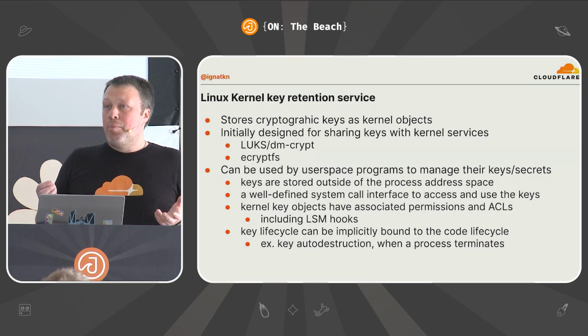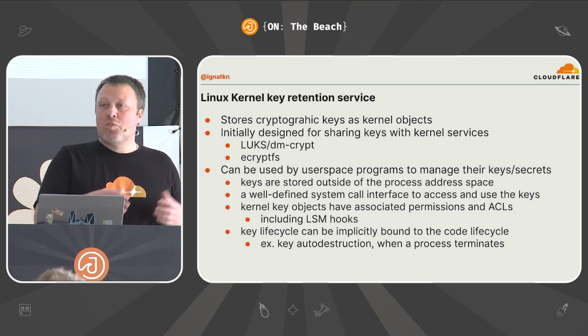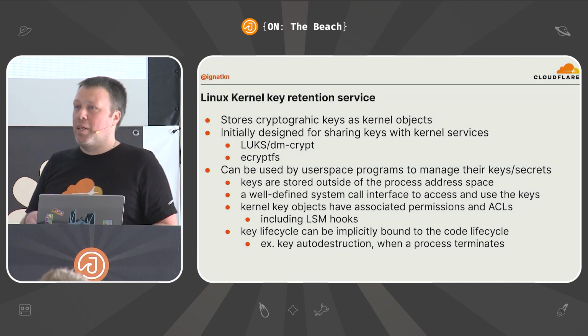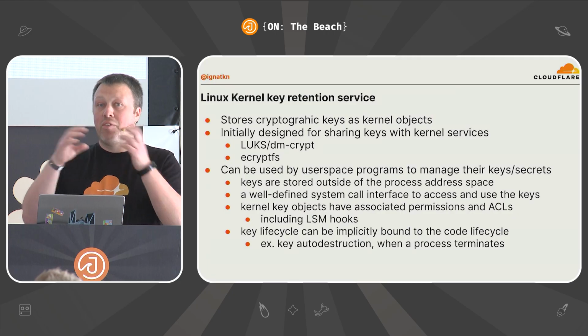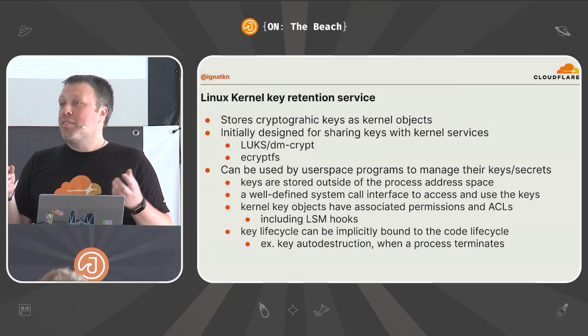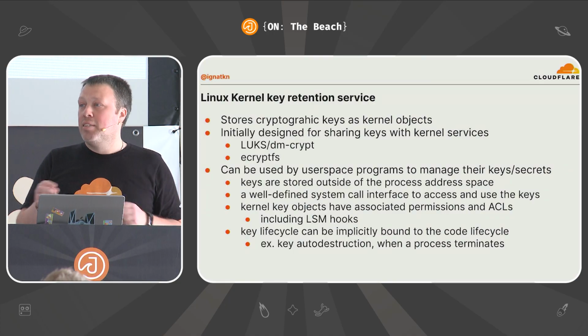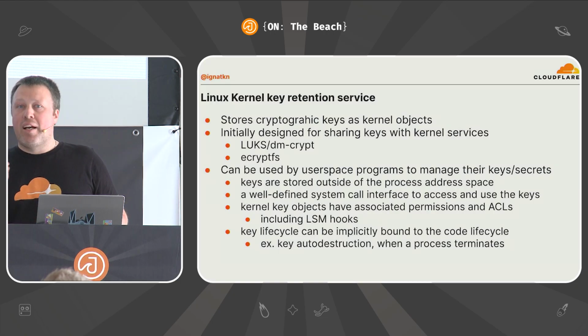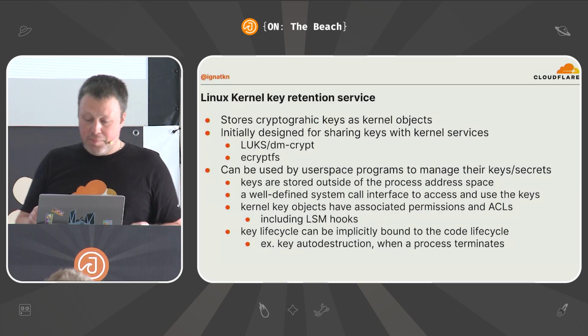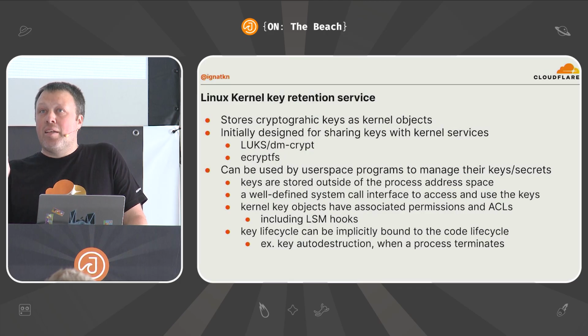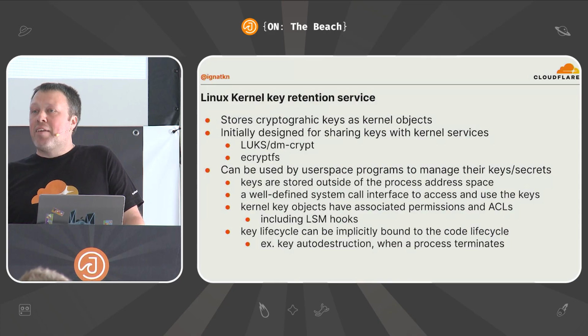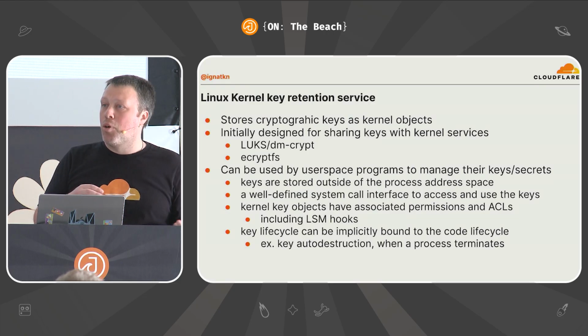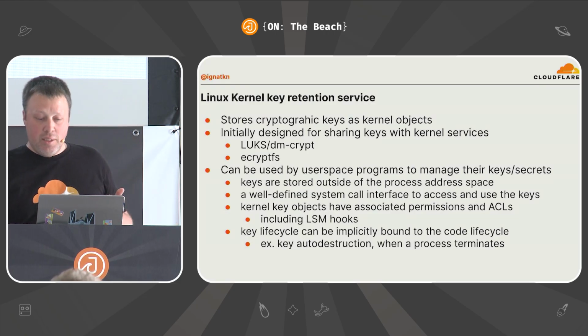The basic idea is that because the keys are now stored outside of the process address space, they're protected by the kernel. They're real kernel objects, they have access permissions similar to files, and you can have really fine-grained access to those keys. The main advantage is that the key lifecycle in the kernel is bound to some kind of lifecycle of the process itself, which we'll see later.